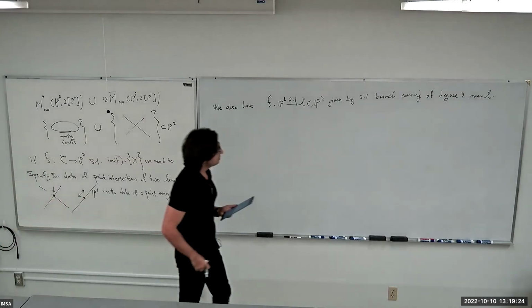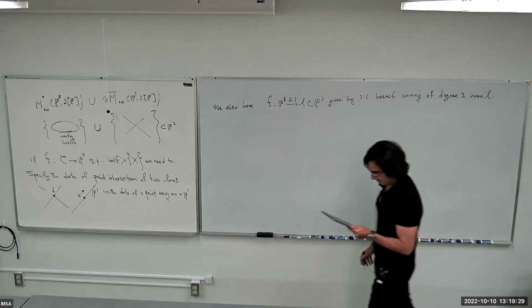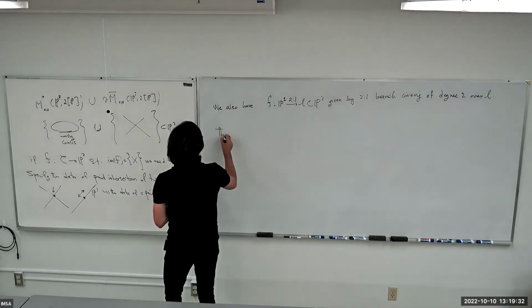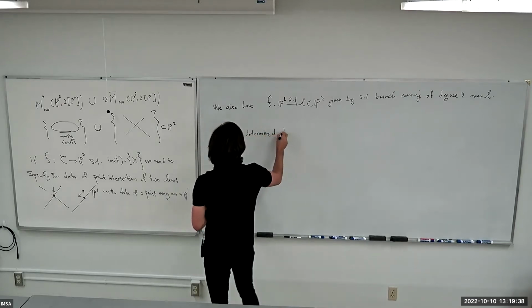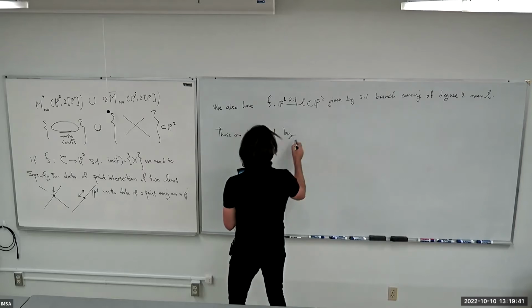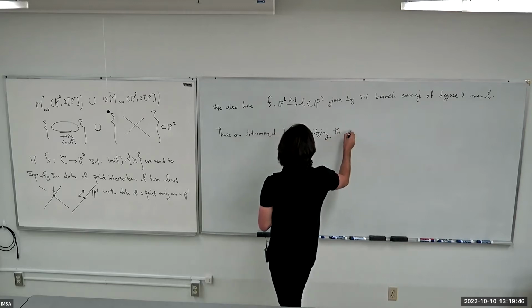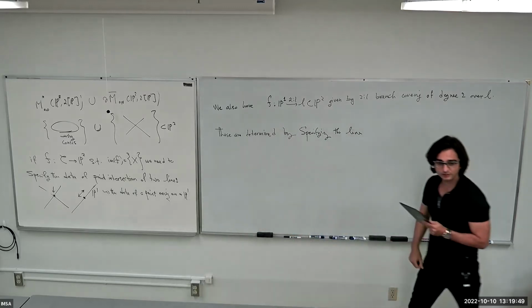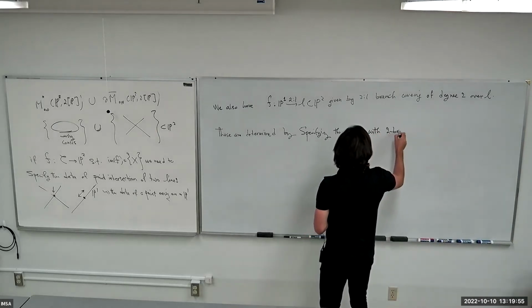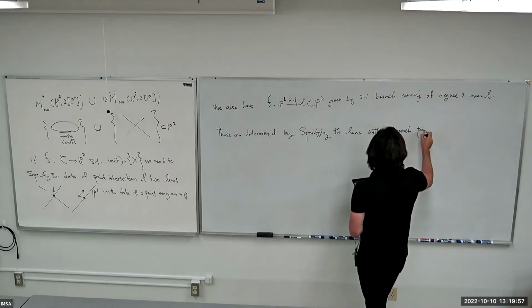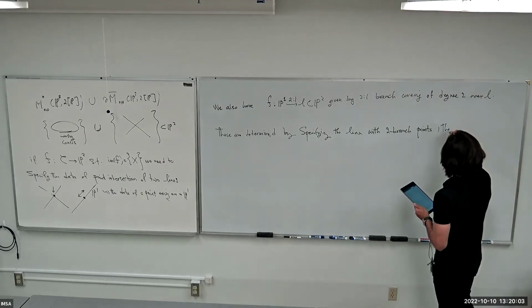You need to specify the line over which you are branching, with 2 branch points.